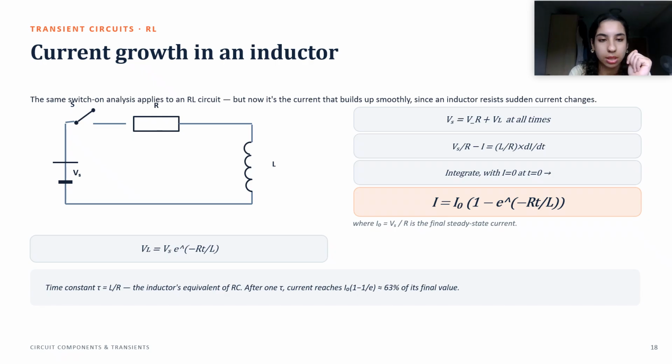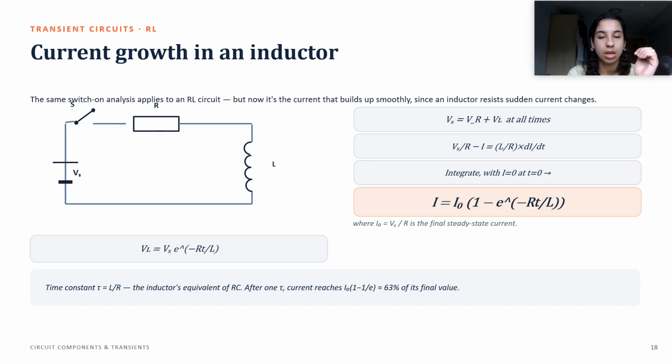Then we integrate and we end up with the formula that we are going to use most of the time: I equals I initial multiplied by 1 minus e to the power of minus Rt over L. The time constant tau for this circuit is L over R. So the inductor's equivalent of RC is L over R, the time constant. And after 1 tau, the current reaches 63% of its final value.